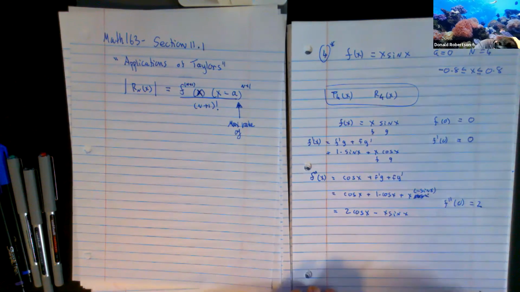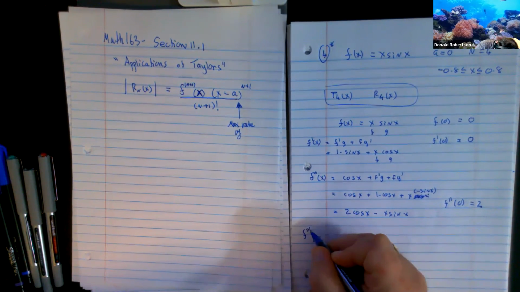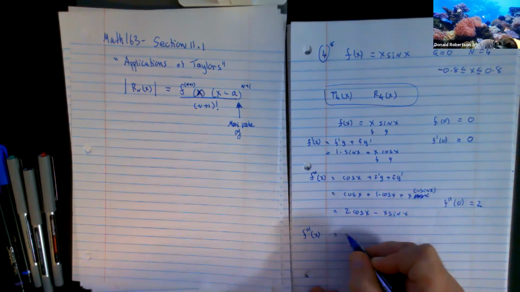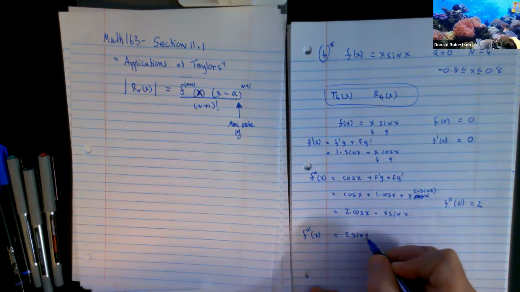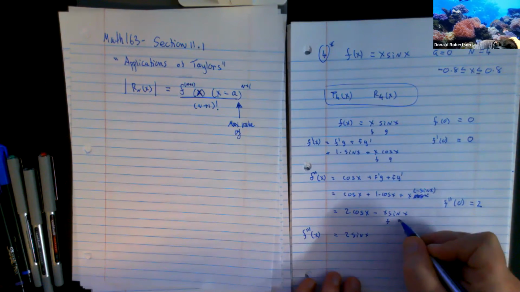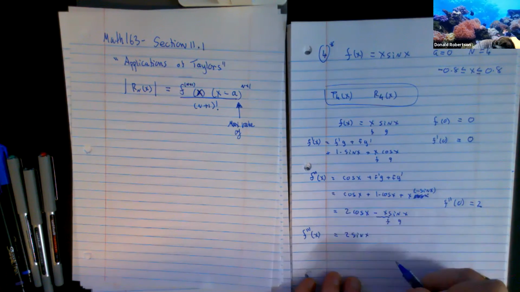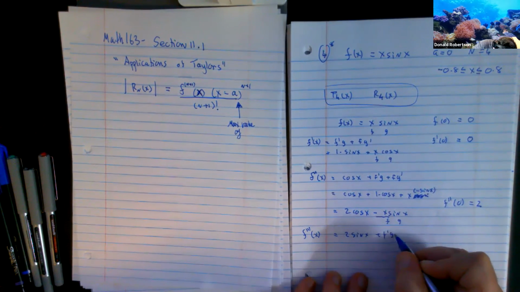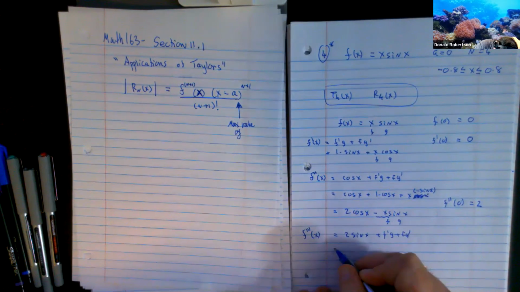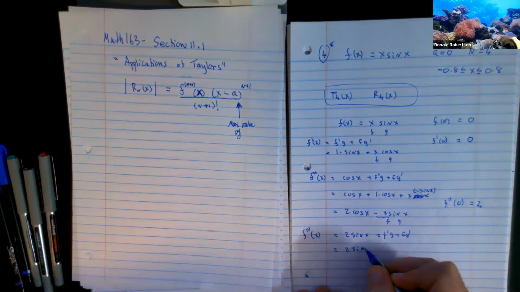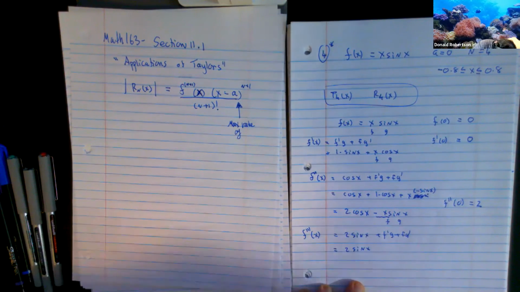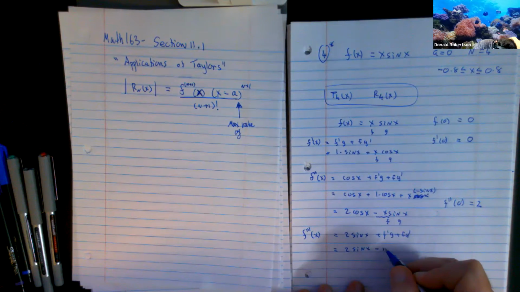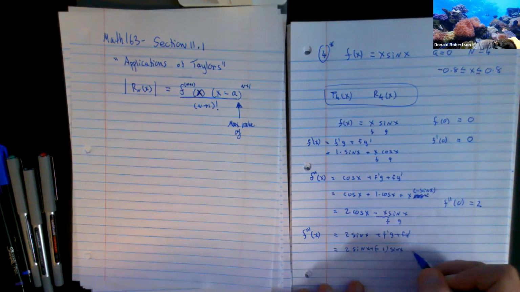Okay, third derivative. Negative 2 sine x. Do another product rule. If we call this negative x, might make my job a little bit easier. I'm not really doing anything particularly hard. I'm just doing lots of stuff. So what do I get? I get negative 1 times a g plus a negative x times a cosine.